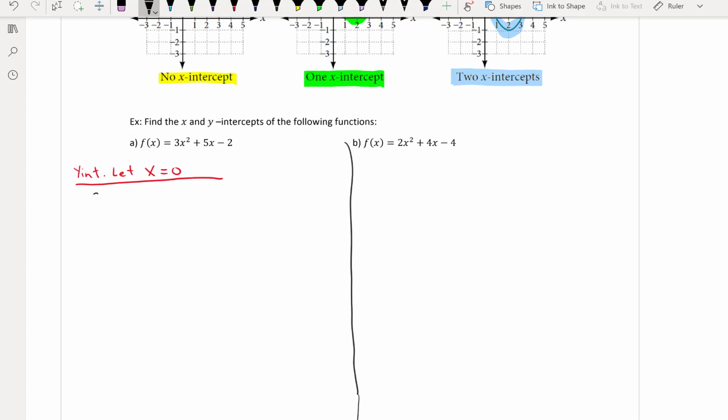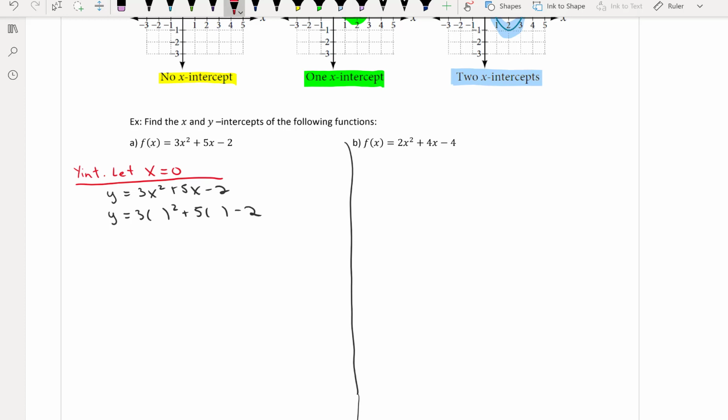So for my equation, I have y is equal to 3x squared plus 5x minus 2. So I'm going to let x equal to 0. So y is equal to 3 times 0 squared plus 5 times 0 minus 2.